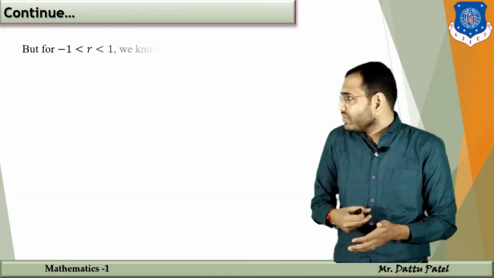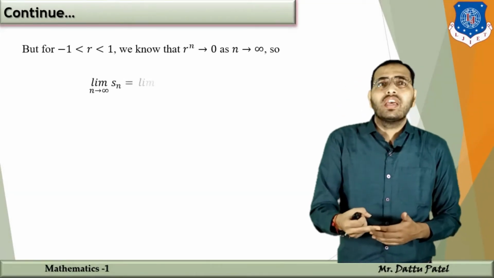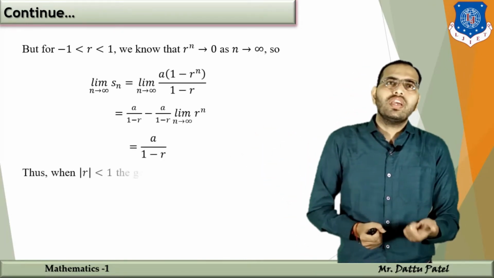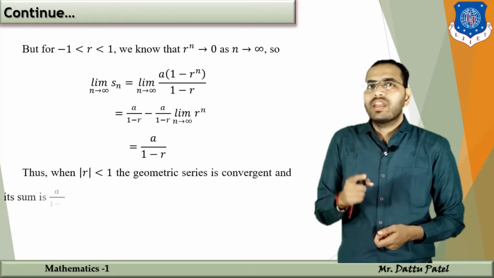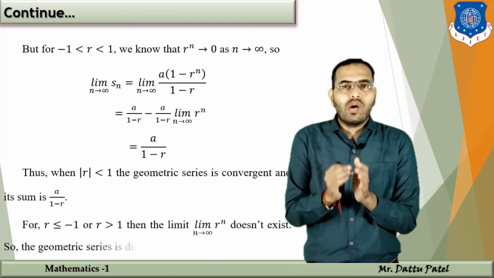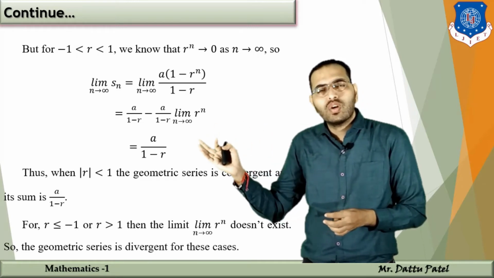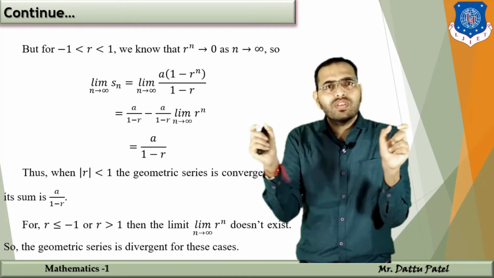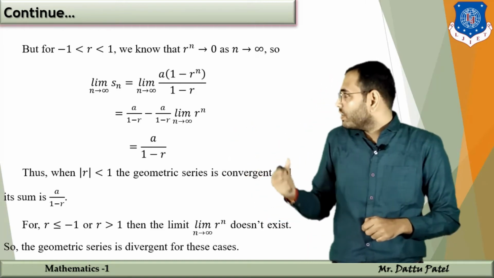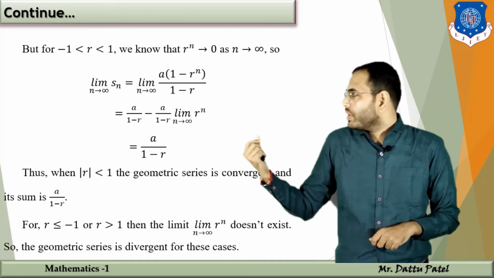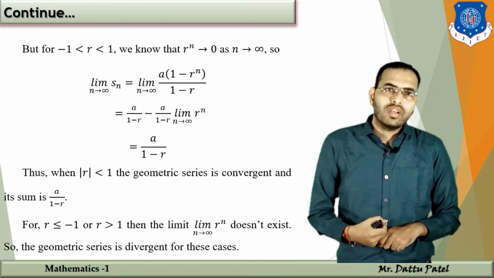Now we have to check whether it is convergent or divergent, so applying the limit n tends to infinity to Sn: the limit as n tends to infinity of a times the bracket 1 minus r raised to n, upon 1 minus r. With the help of the basic properties of limits, separating it, we get a upon 1 minus r minus a upon 1 minus r times the limit as n tends to infinity of r raised to n.